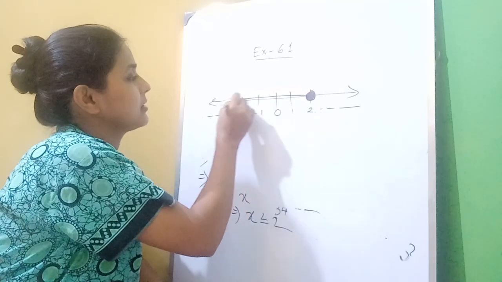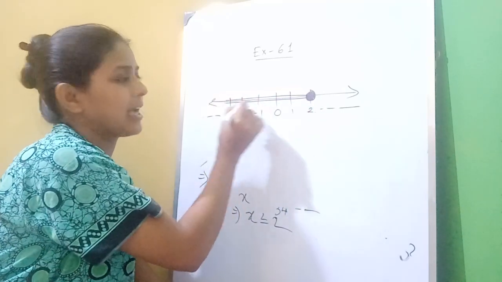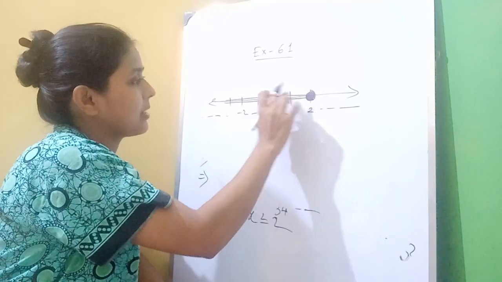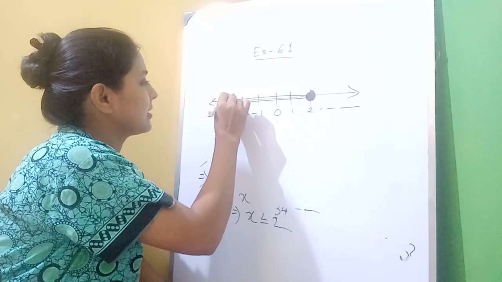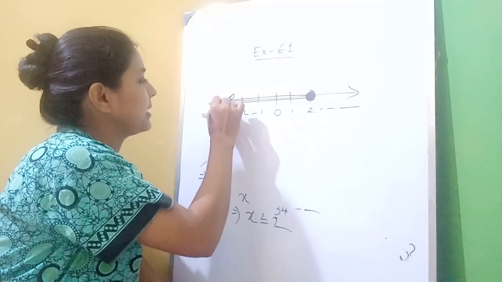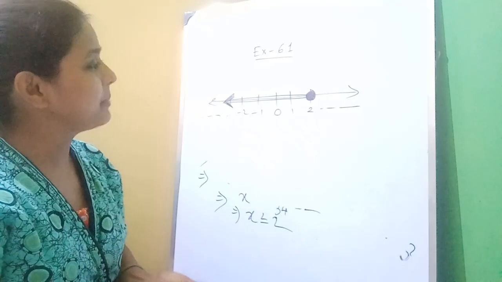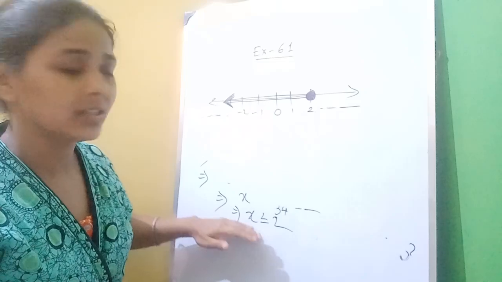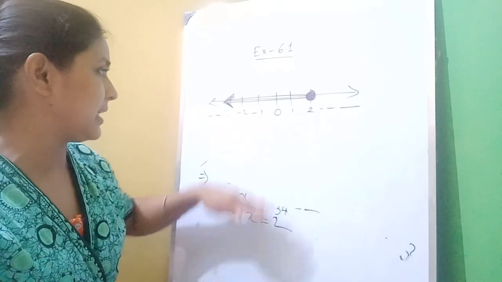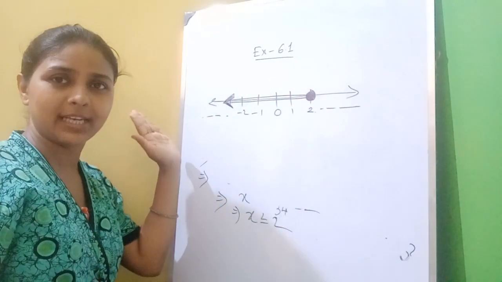So we are drawing this type of sketch: 2 parallel lines upward and downward like this, and then a bigger arrow. It means the range of x is starting from 2 to its left hand side.